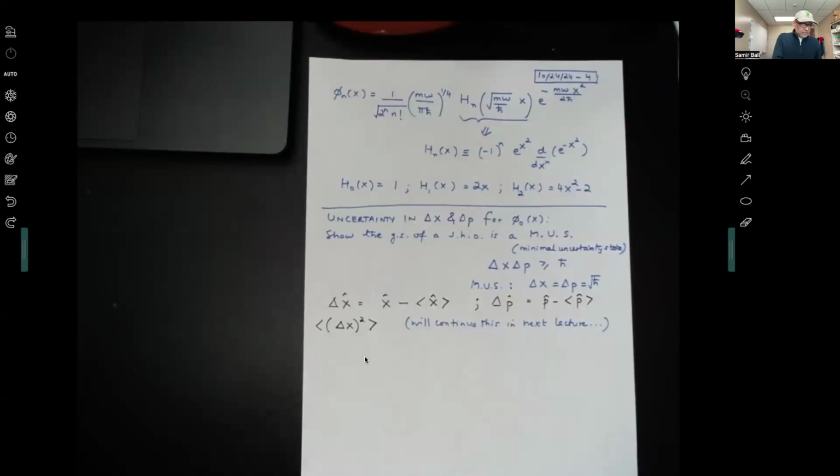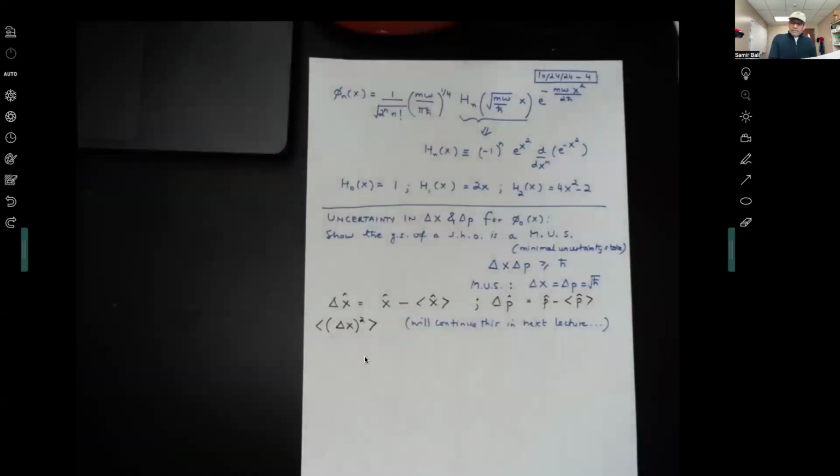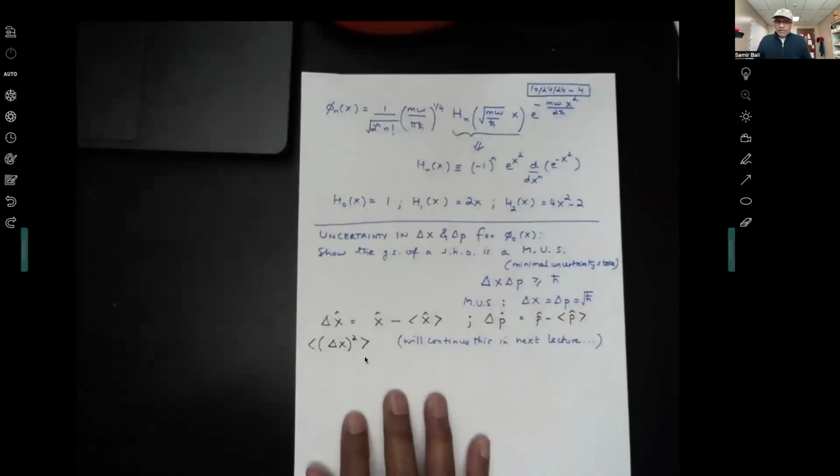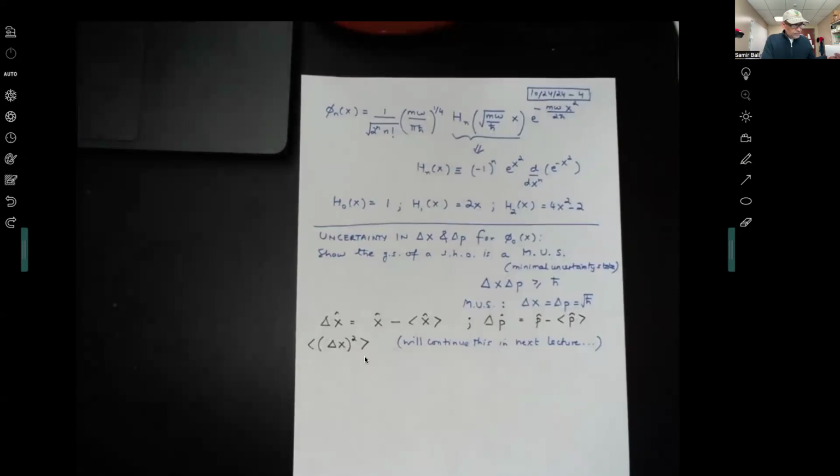We had just looked at the simple harmonic oscillator, and we looked at what the wave functions look like. This was the last page that we were on.